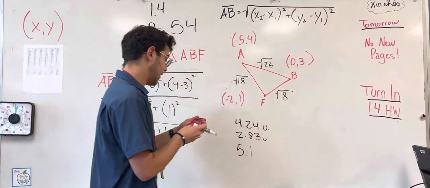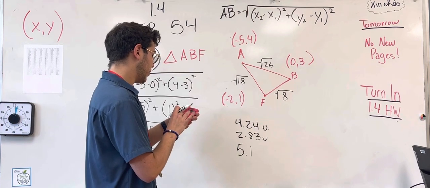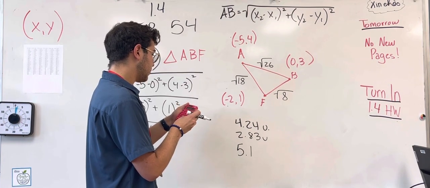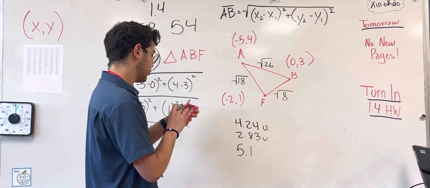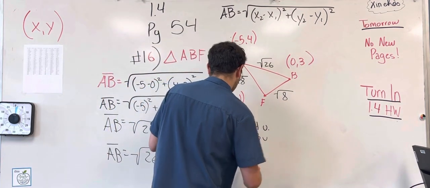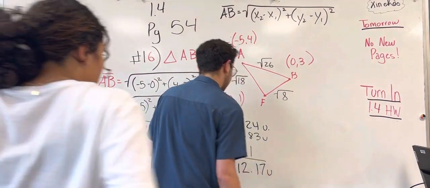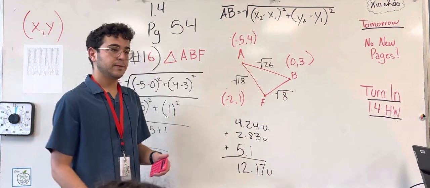We go ahead and add 5.1 plus 2.83 plus 4.24, and we get a total of 12.17 units. That is the perimeter.